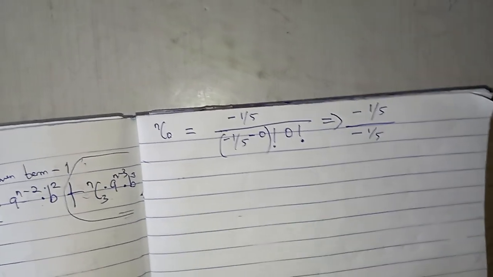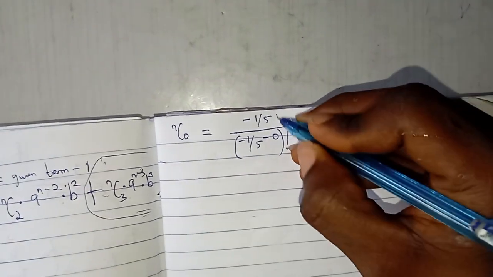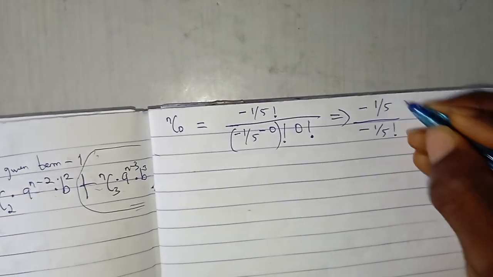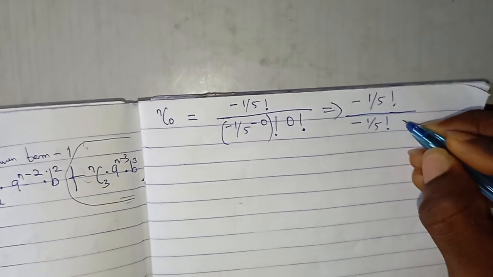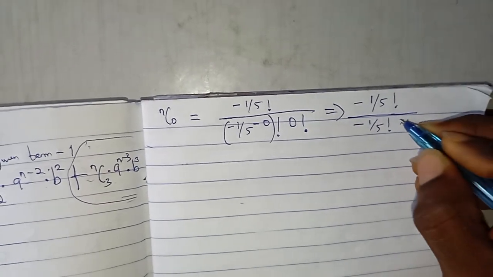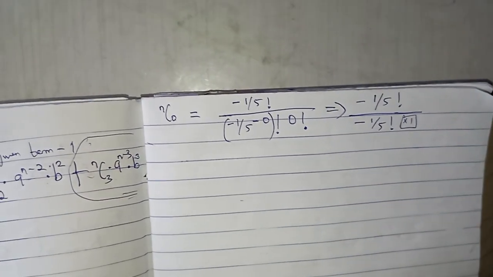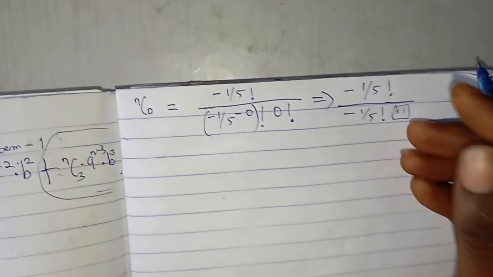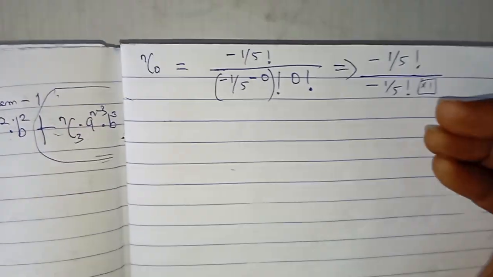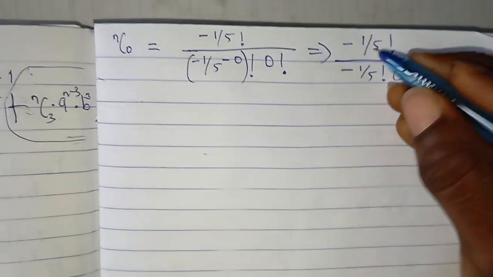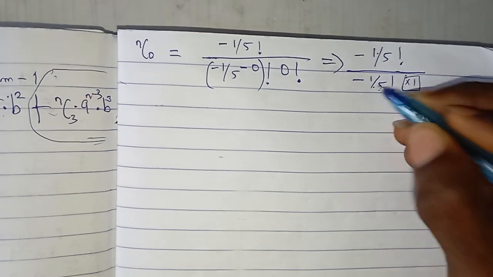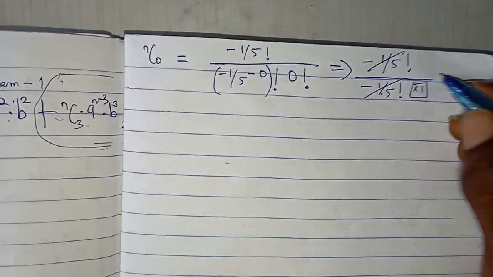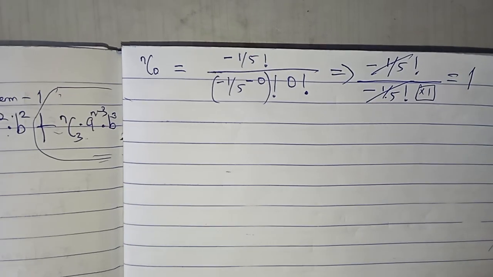And you know that this is in factorial, this is in factorial. 0 factorial is 1, and I have no use for it because anything times 1 is that thing. Remember that 2 divided by 2 is 1, 3 divided by 3 is 1. So everything I have here is the same as what I have here, so they can cancel each other out to give me 1.